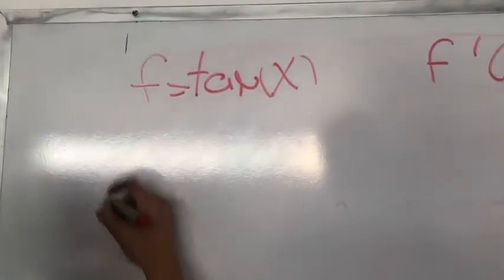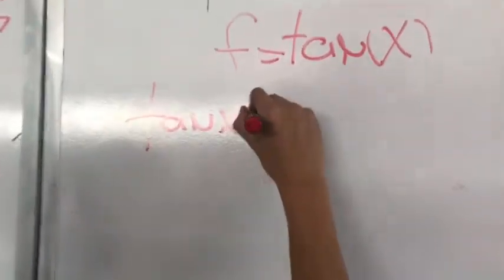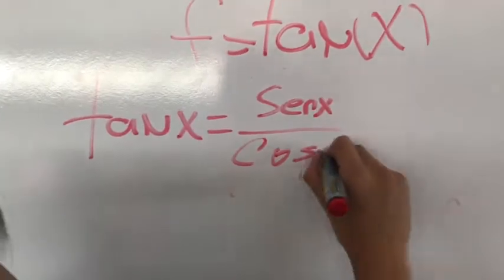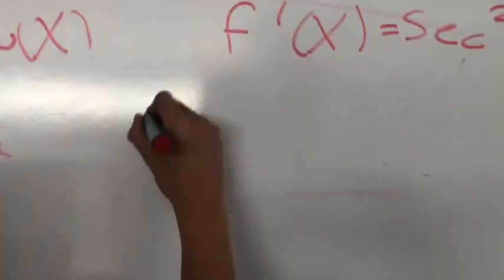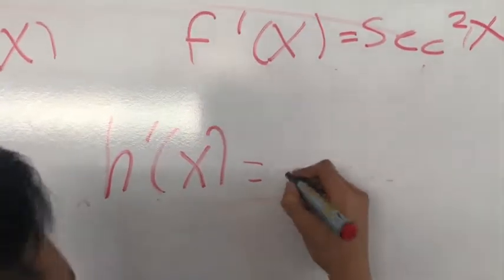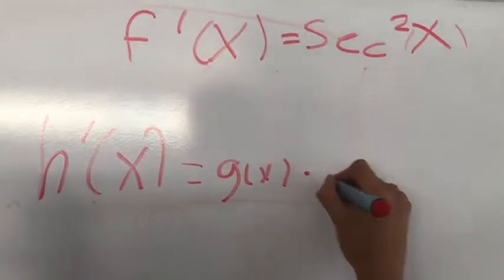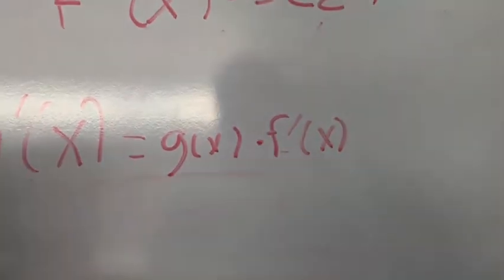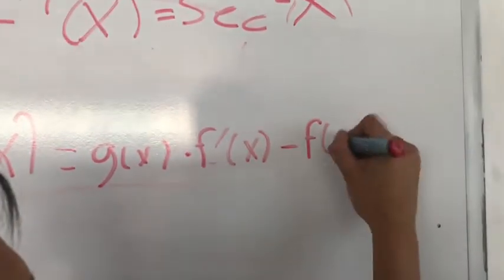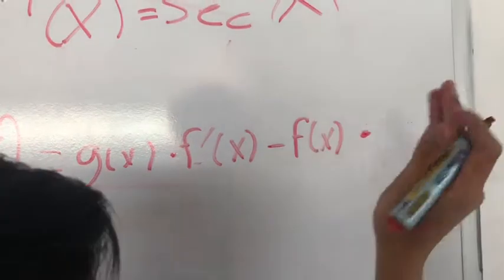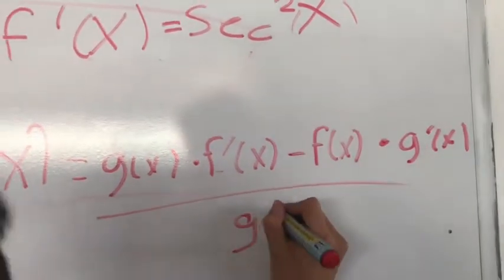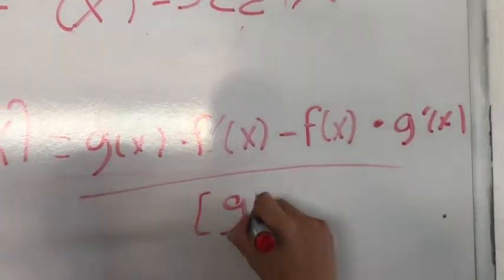We must remember that tan of x is equal to sine of x divided by cosine of x, and we use the rule that is already proved, the quotient rule: the derivative of the first function times the second function, minus the first function times the derivative of the second function, over the second function squared.